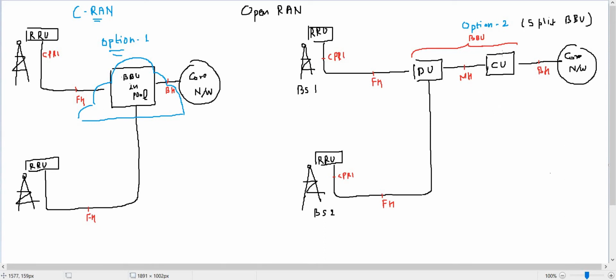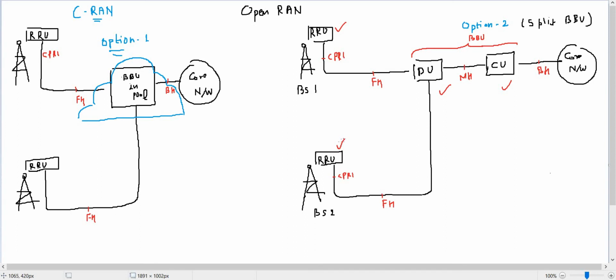Remember, in this DRAN and CRAN, for all the entities like your RRU, DU, CU, the operator has to buy all these entities from the same vendor.